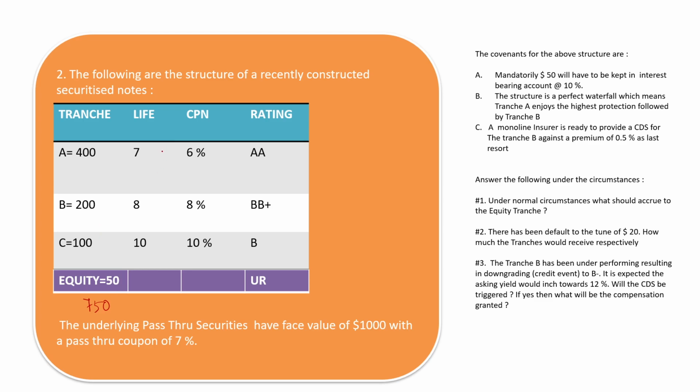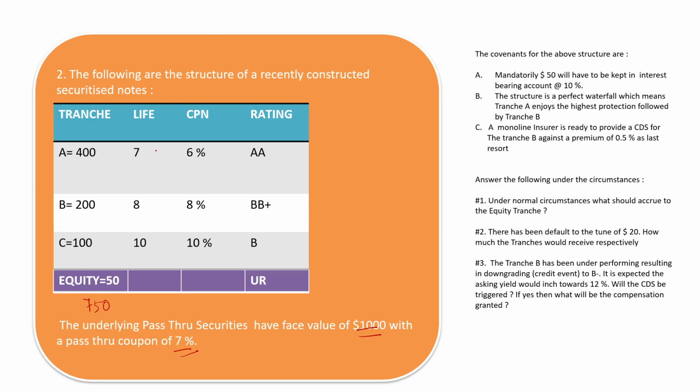The life has also been mentioned here as 7 years for tranche A, tranche B 8 years, tranche C 10 years. The coupon has been mentioned as 6%, 8%, and 10%, and the ratings have been mentioned, with the underlying pass-through securities having a face value of 1,000 and a pass-through coupon of 10.